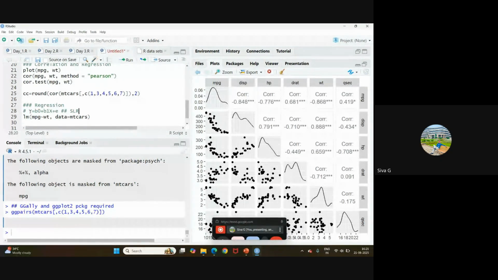Now see, from this equation, we want to estimate beta naught and beta 1. These are the two parameters of the regression model. Simply, beta naught is the intercept and beta 1 is the slope. These two parameters we have to estimate.